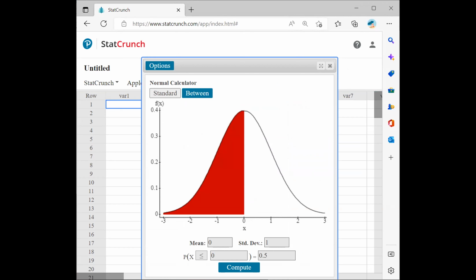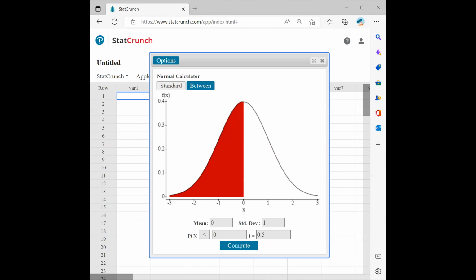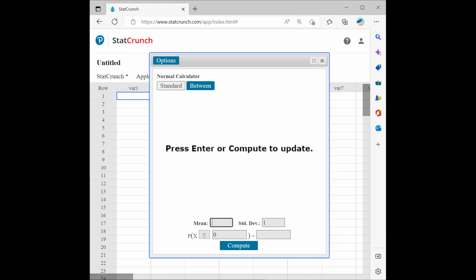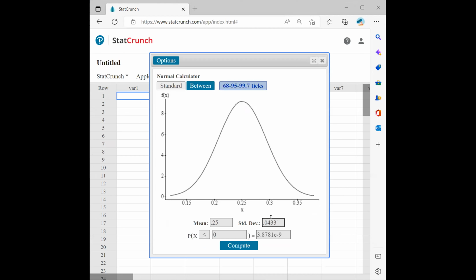Let's expand the window a little bit. All right, now it fits. What you want to do is put the mean in here. The mean was 0.25 and the standard deviation 0.0433.